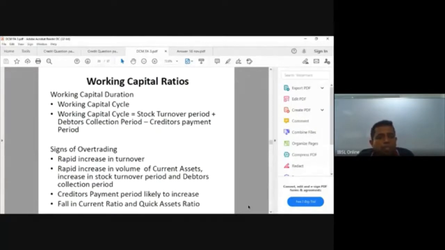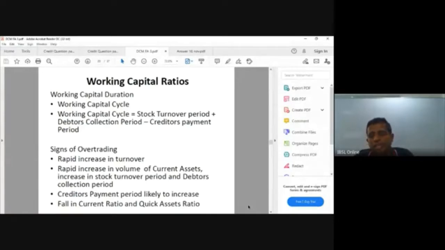Increase in stock turnover period: the stocks become more obsolete and it will take more time to realize into cash, right? That is stock turnover period increasing. Debtors collection period also increased. You have sold on credit basis where the debtors have not paid on time, and the creditors payment period is likely to increase also, because this is working in a cycle.